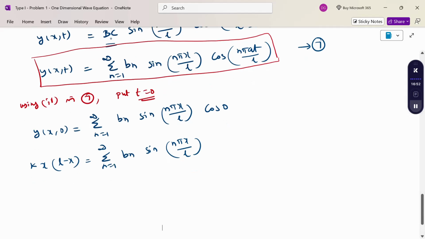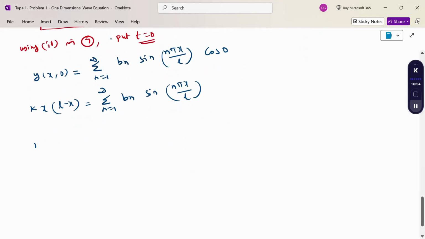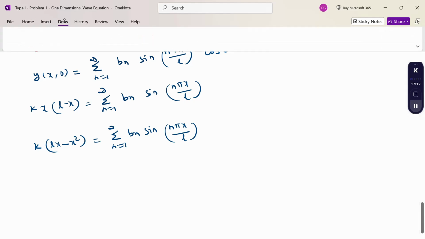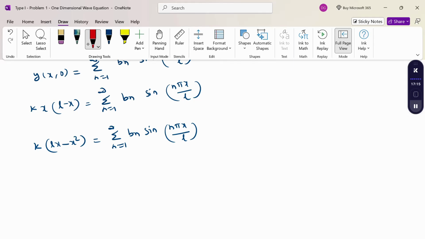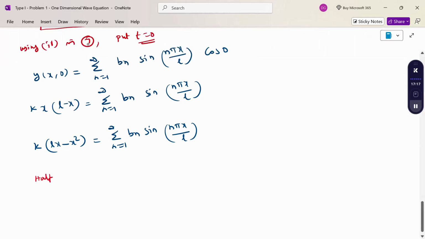So when I look at this form, k is multiplied with x inside the bracket, so k(Lx minus x square) equals summation n from 1 to infinity b n sin(n pi x by L). Whenever I look at this, it is similar to the half range. So now use the half range sine series. The length is given.